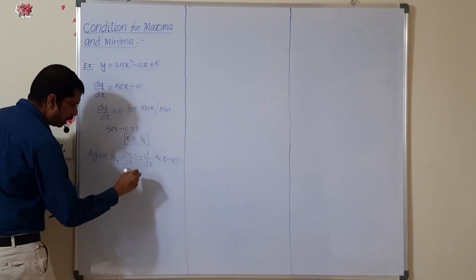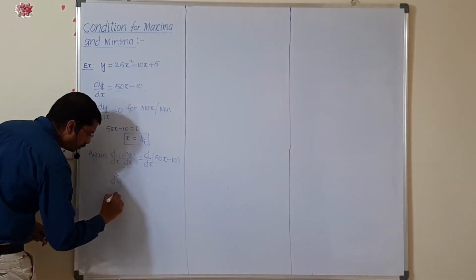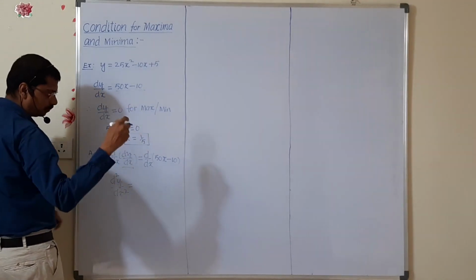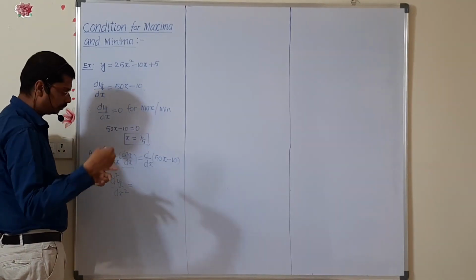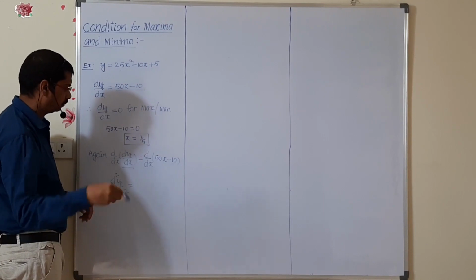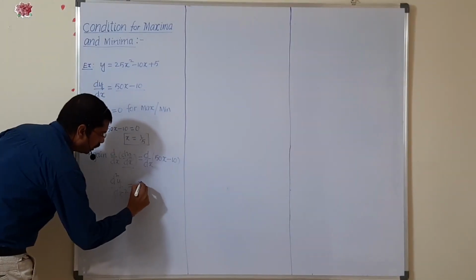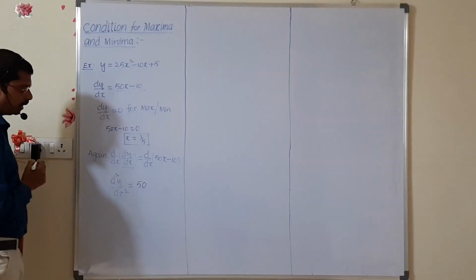Now you can write d square y upon dx square equals 50. We got 50.